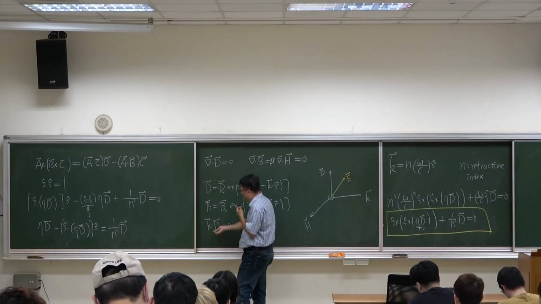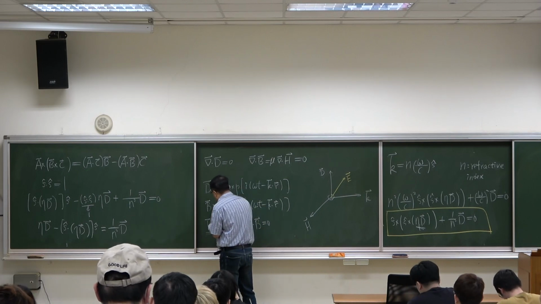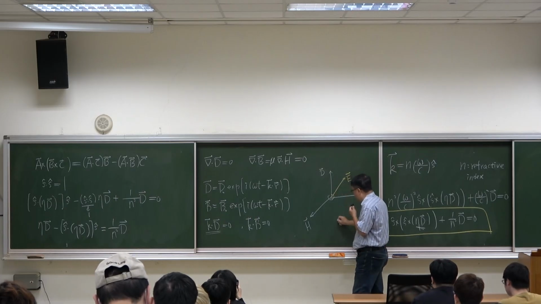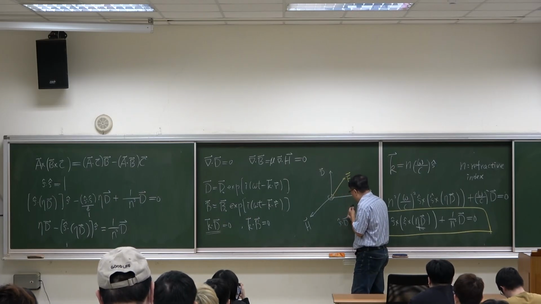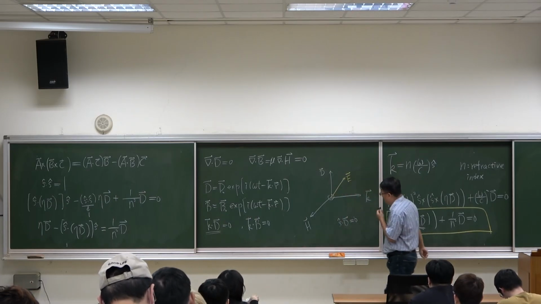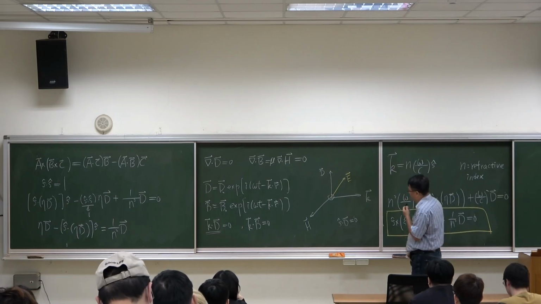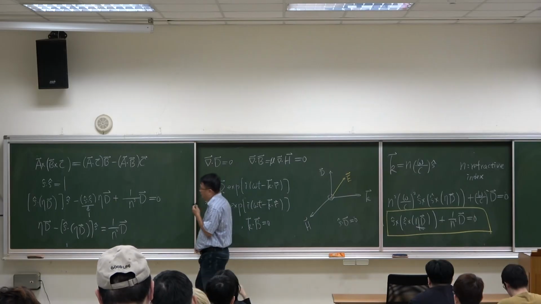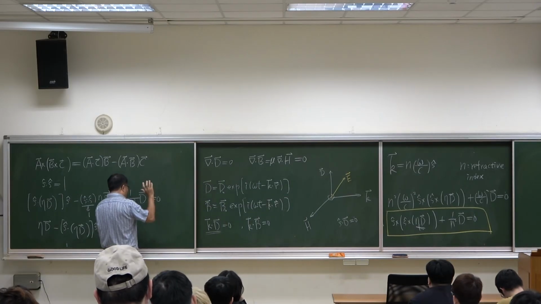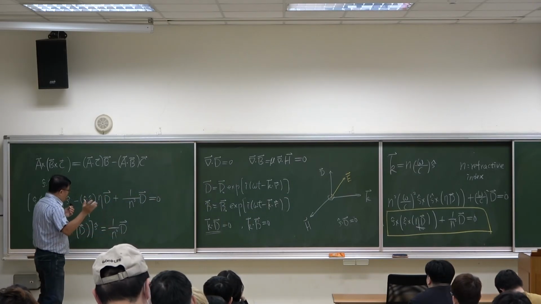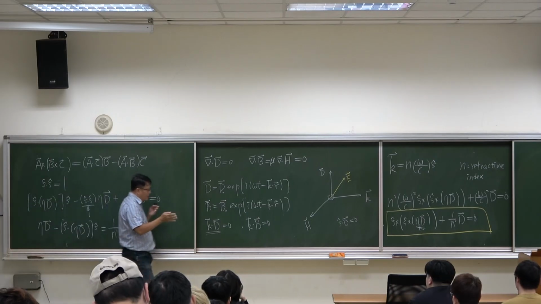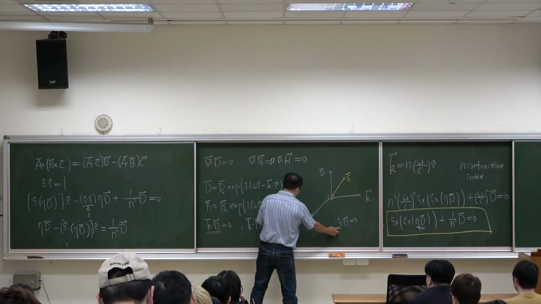So since K is along the direction of S, this means that S is perpendicular to D. So suppose we choose a coordinate system whose new z-axis is along the S direction.